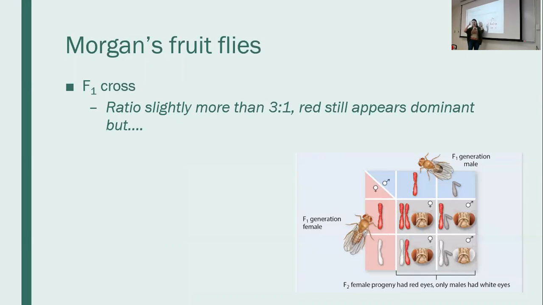You're doing this hundreds of times with hundreds of flies. And so on average, his ratio was slightly more than 3-to-1, but red was still dominant. It was slightly more than 3-to-1 with the more than 3 being red eyes, yeah? But all the individuals with white eyes were male. They were never female.